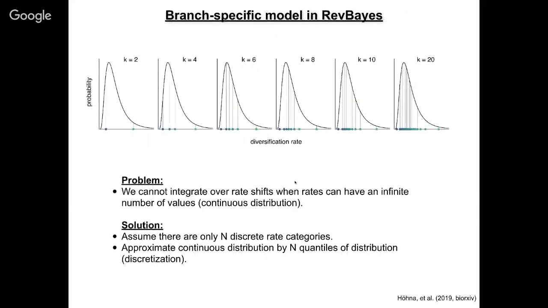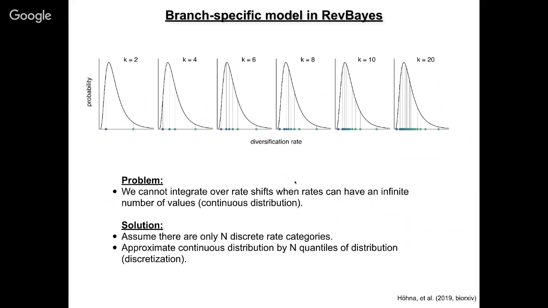Okay, so the problem when we are defining this birth-death-shift process is that ideally we would want to have an infinite number of rate categories, so that we could allow a new speciation rate after a rate shift event to be drawn from a prior distribution. But this is numerically impossible, so we can't find any numerical algorithm to solve that.